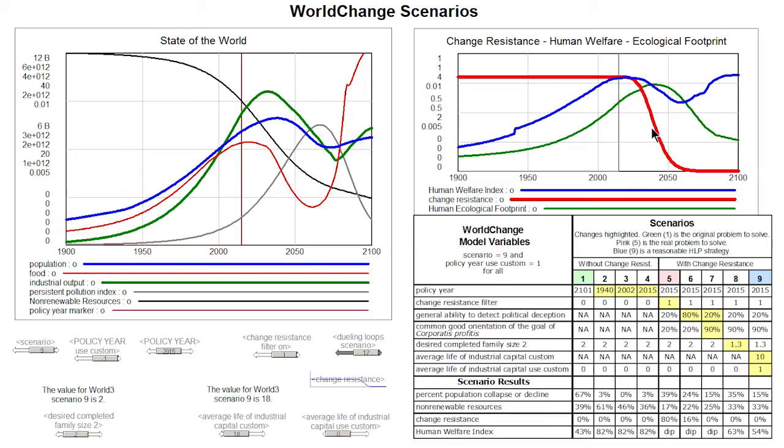Let's take a look at the bigger picture, though. Long term, we've still got a problem. If we look over here at the state of the world graph, at this line, non-renewable resources, we see that it's falling and falling and falling. And right here at the end, 2100, it's still falling.